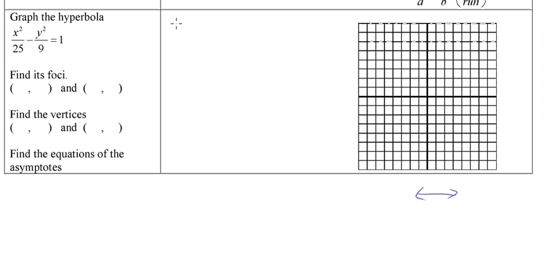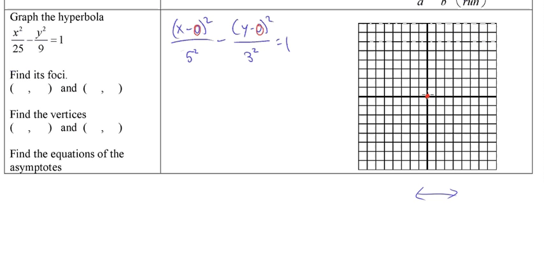So we could rewrite this if we wanted to as x minus 0 squared over 5 squared, minus y minus 0 squared over 3 squared equals 1. I wouldn't expect you to write it out this way, but I'm trying to highlight some key points. Our center is at 0, 0.